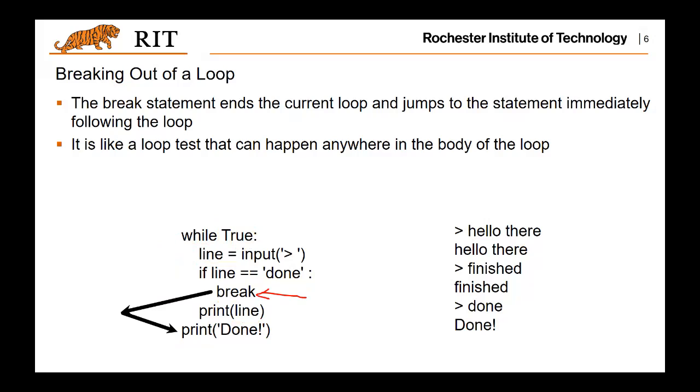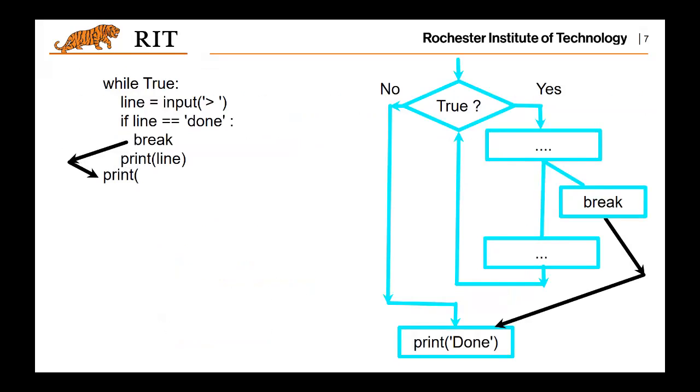Any questions? All right. So again, you can check this illustration figure to take a look at how break works. But just as I mentioned, once this is executed, the loop will be terminated.